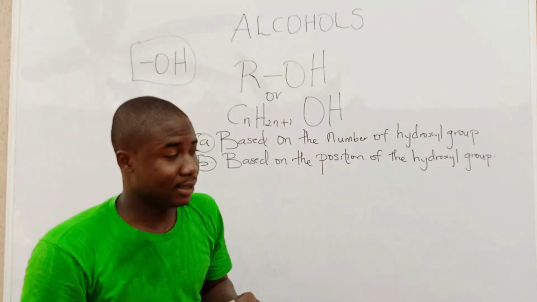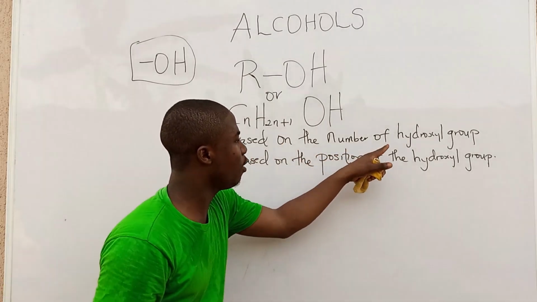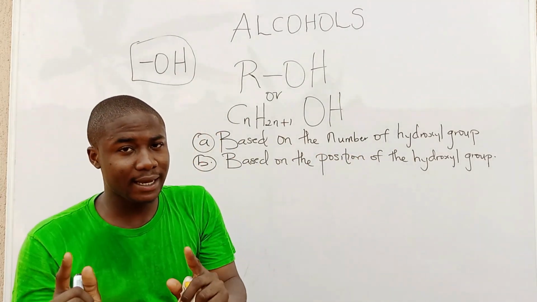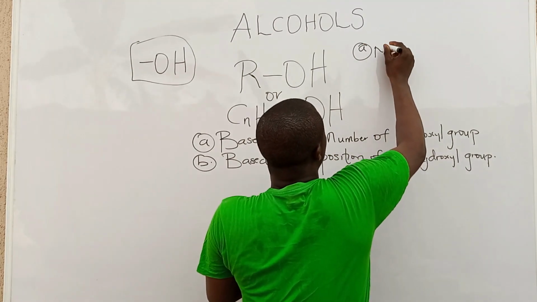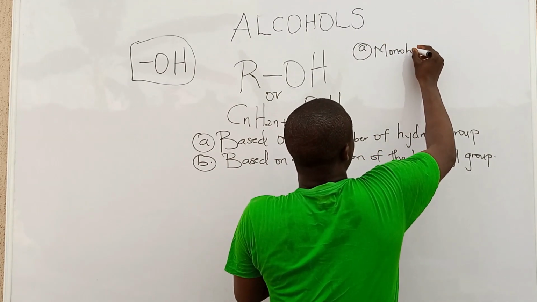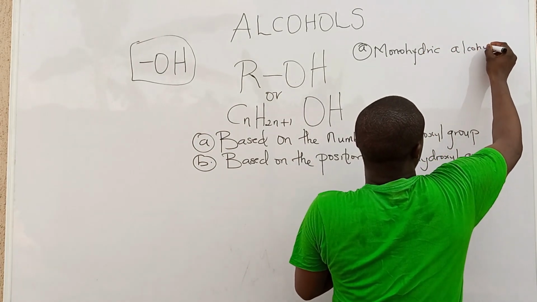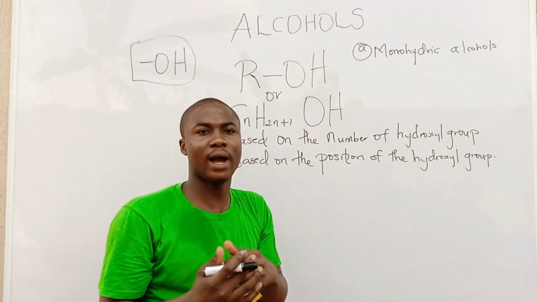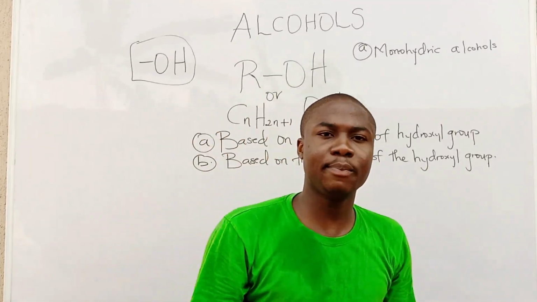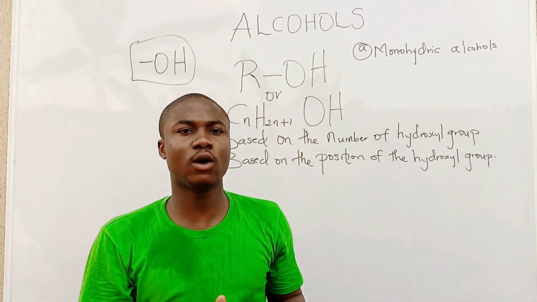Now basically, talking about classification of alcohol based on the number of hydroxyl groups, it is divided into, one: monohydric alcohols. Now what is a monohydric alcohol? This is simply an alcohol that has only one OH in the compound.